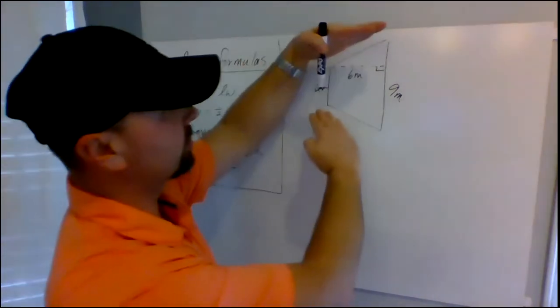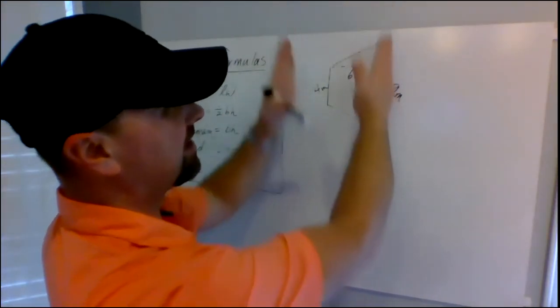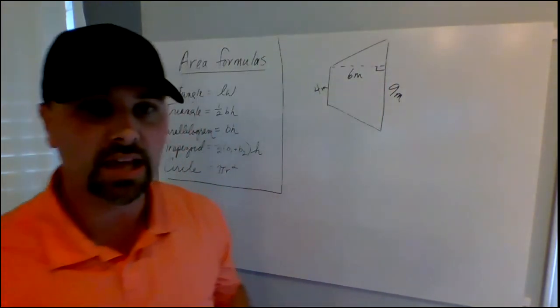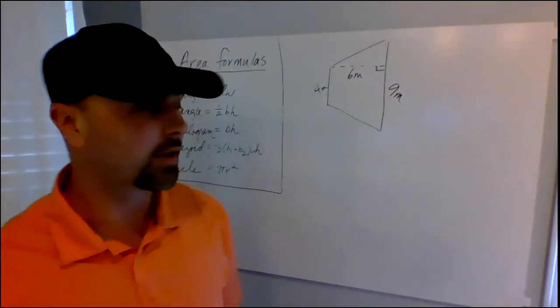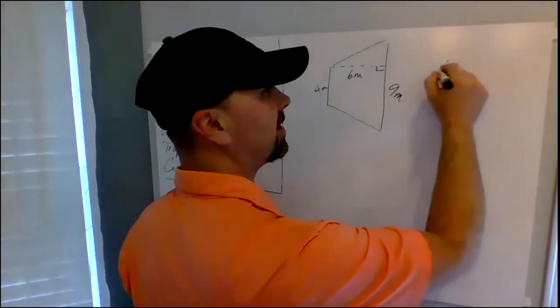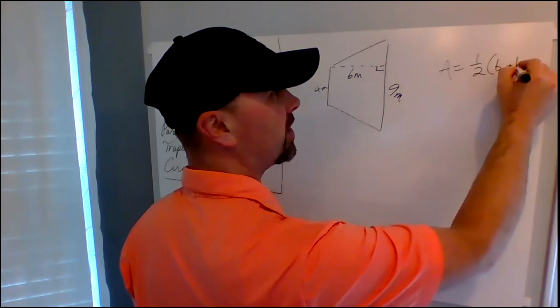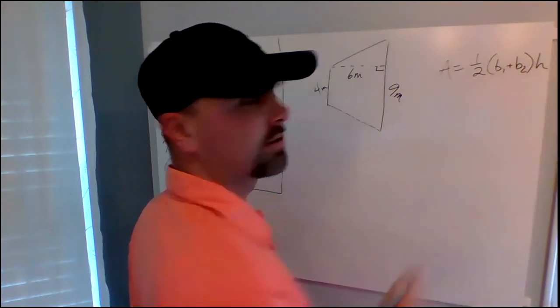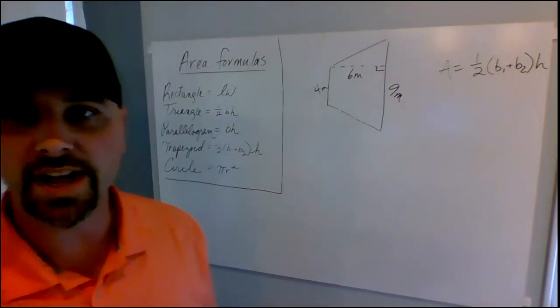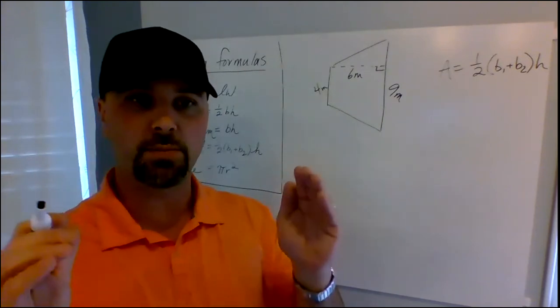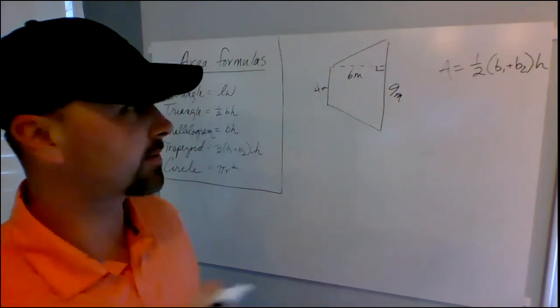So the other two sides are going in different directions while one set of sides is going the exact same direction. That's what makes a trapezoid a trapezoid. So when you look up the formula, 1/2 base 1 plus base 2 times the height. 1/2 times the quantity of the base 1 plus base 2 times the height.